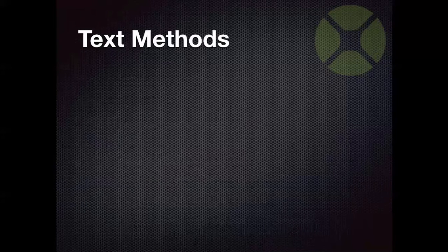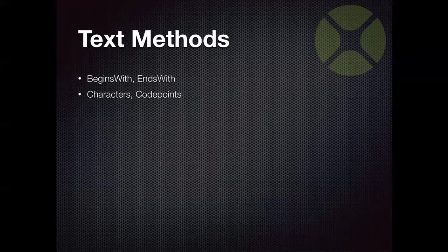Now, text has lots of methods on it. I'm just going to fly through a few of them here. We'll look at some code in Xojo that shows how to use these methods at the end. But just to give you a teaser or a taste of what's in there, there's BeginsWith and EndsWith that allows you to check if the text starts with a particular set of characters or ends with a particular set of characters.